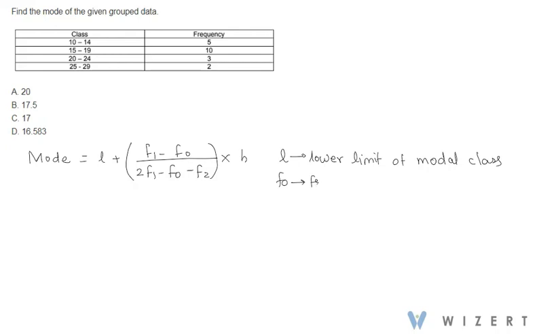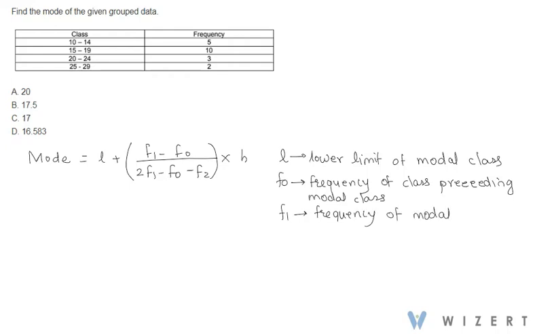F0 is frequency of class preceding modal class. F1 is frequency of modal class.